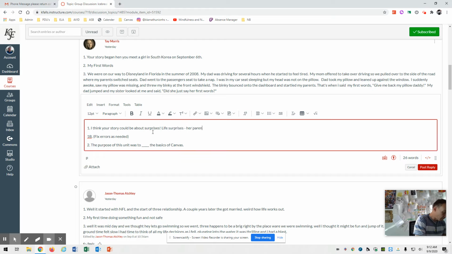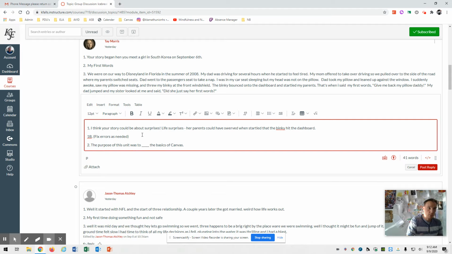Her mother, who's driving, could have swerved when startled that the binky hit the dashboard. Maybe the story is about surprises.